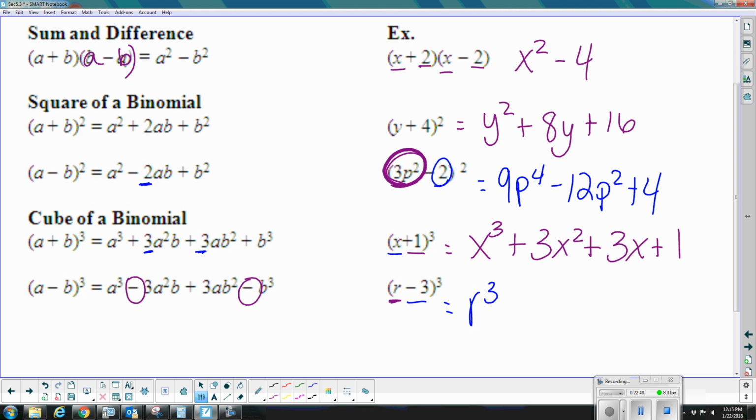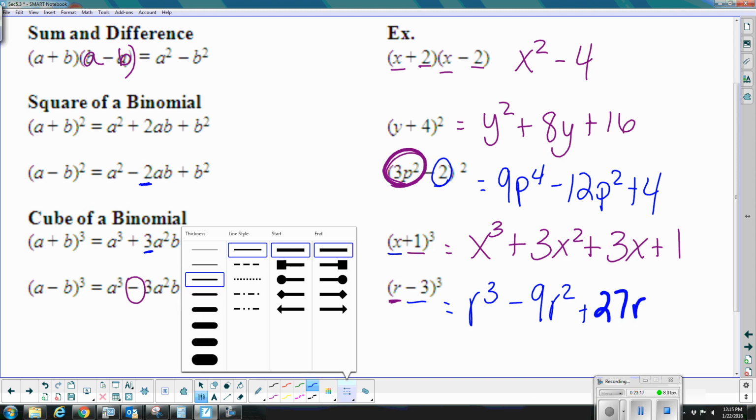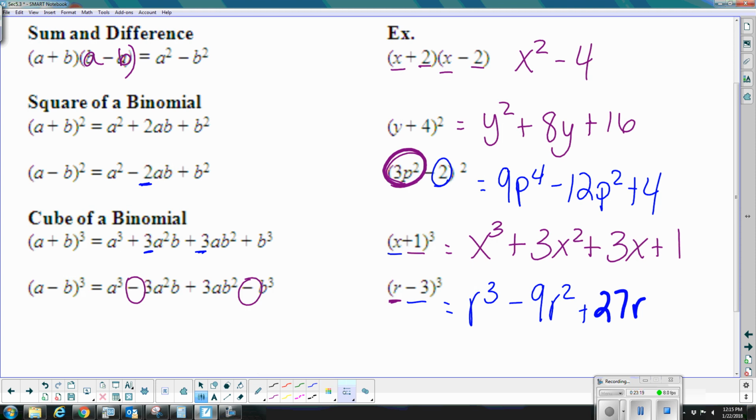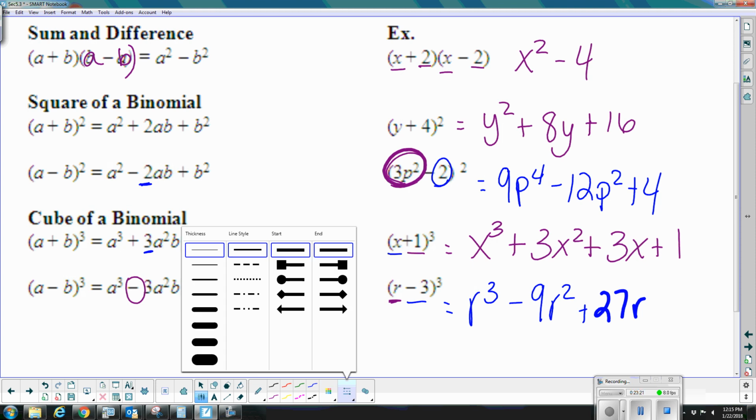So 3 times r squared, which is 9r squared, plus 3 times r times 3 squared. So 3 times 9 times r, which is 27r. And then the last part of your rule is minus b cubed, which is minus 3 cubed.